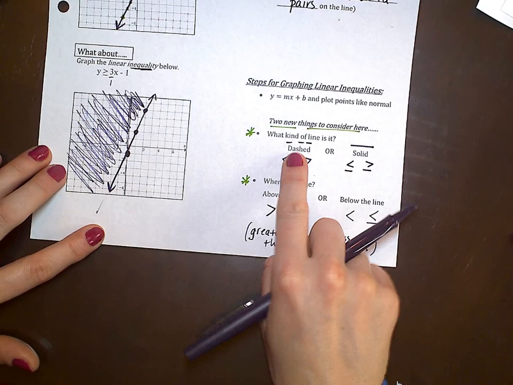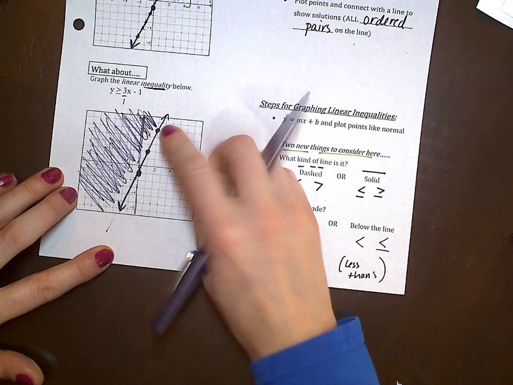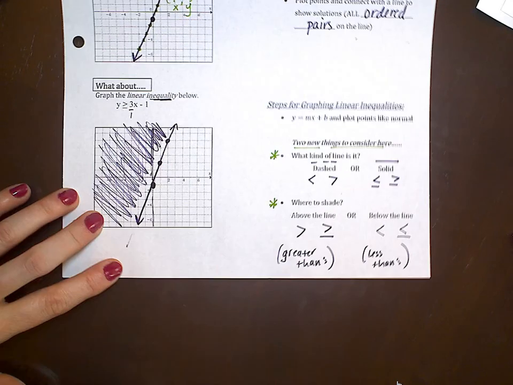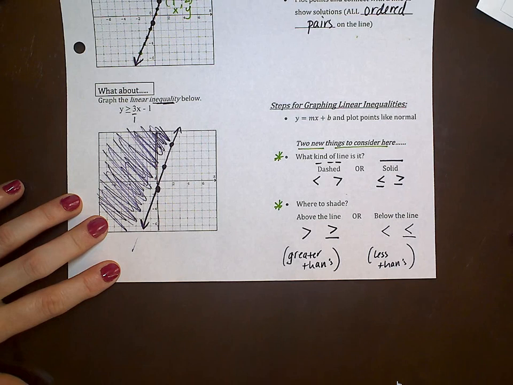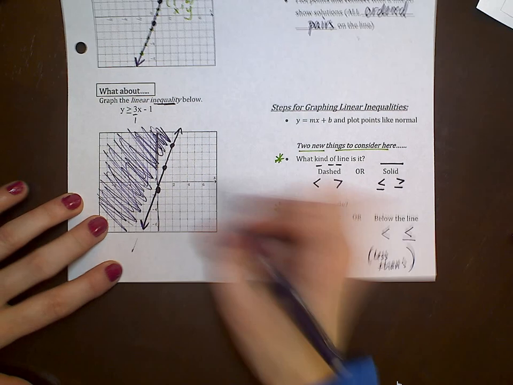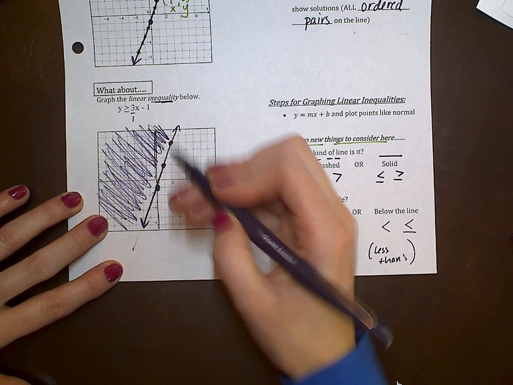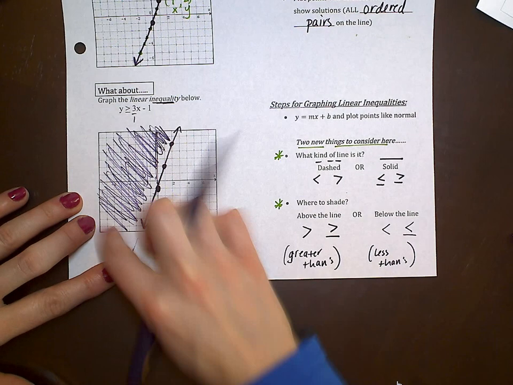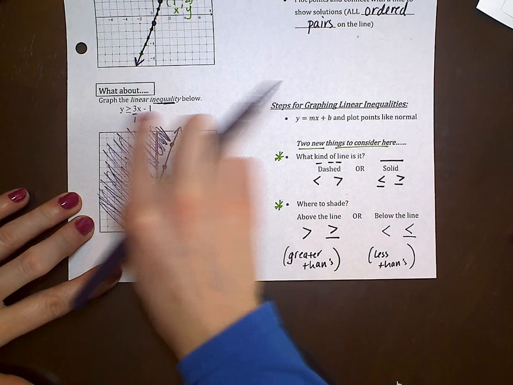So it's the same concept down here. If we do a dashed line, that means the ordered pairs on the line are not solutions. Like I'm not coloring them in, those don't work. Since this one's a solid line, the ordered pairs on the line do work. And where I did my shading, any of these ordered pairs make this inequality true.